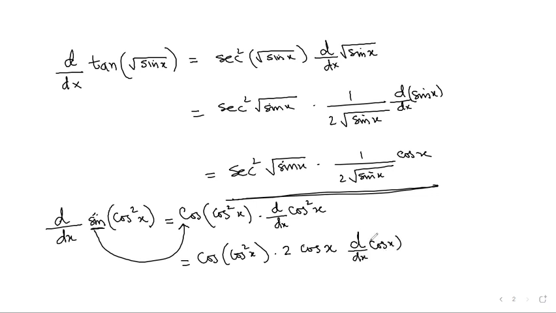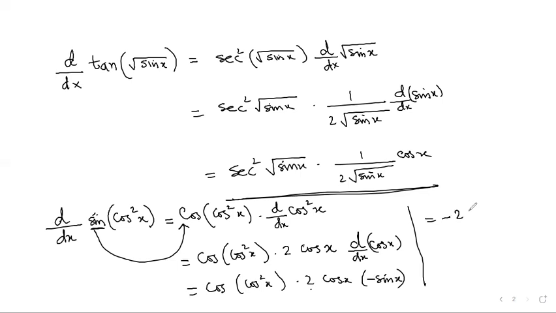You count and say how many terms are there, and you will become an expert after some time. Minus sin x. So if you want, you can write your final answer as 2 sin x cos x, which is sin 2x, and then you can write cos of cos square x.